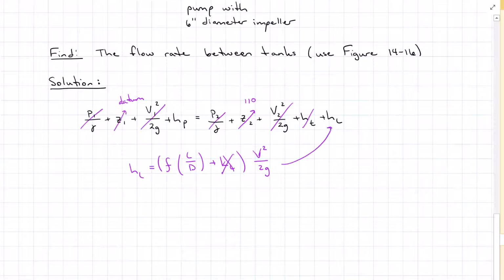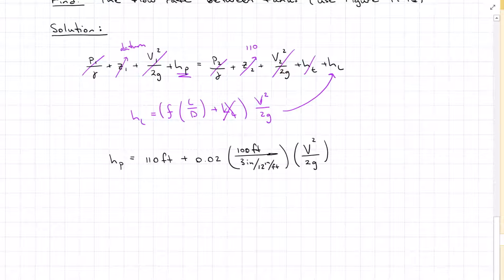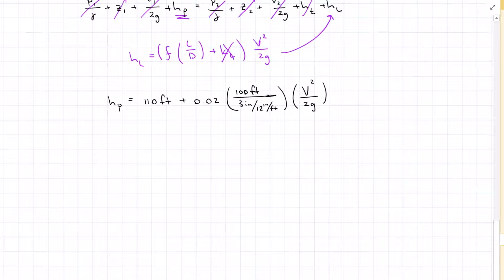So we're going to plug that into here, and this equation is going to clean up to solving for the pump. Our pump equation here with the elevation of 110 feet and then our major friction losses. Multiplying this out, I have my pump to be 110 plus 0.12422 V squared.